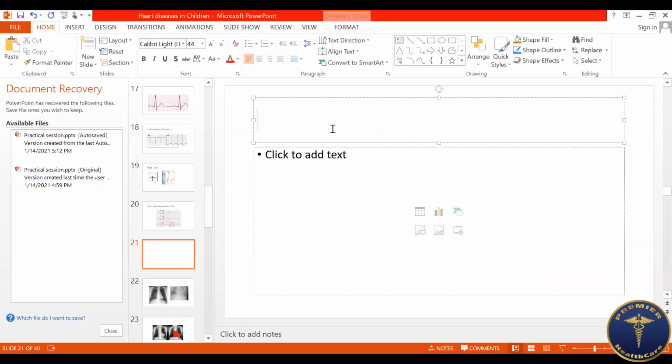This is not rocket science, right? So it's very easy. If you talk about left axis deviation, there you get the leaving pattern that occurs in left ventricular hypertrophy.